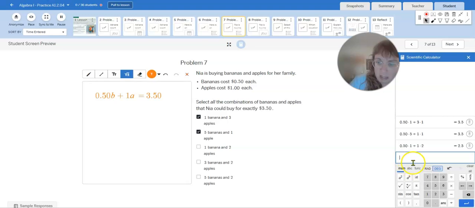That's 2.50, so that's not correct for this problem. 3 bananas, 0.50 times 3 plus 2 apples is also 3.50. Incredible. And the last one is 5 bananas plus 2 apples. Too much. So we have 3 options here that get us exactly $3.50.